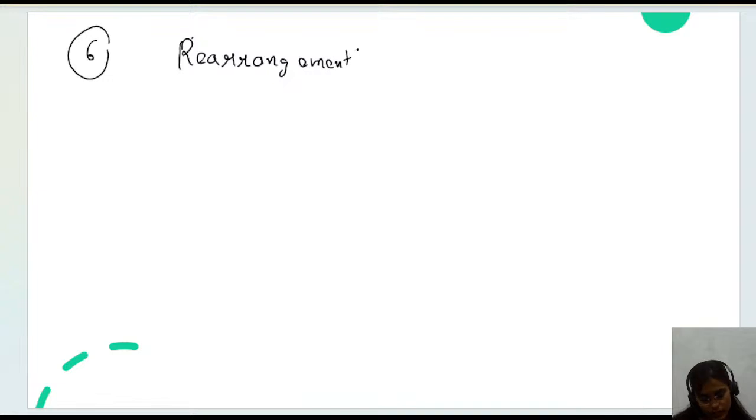So, in the preparation methods, let's see the last preparation. The number is one, two, three, six methods. The sixth method is the rearrangement reaction. As the name suggests, in this case we end up with the rearrangement of something.